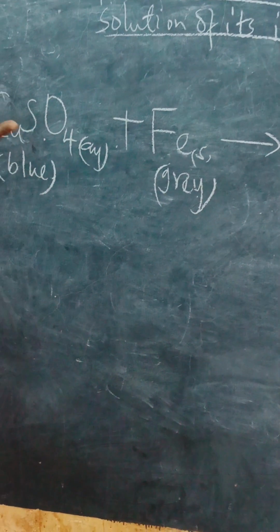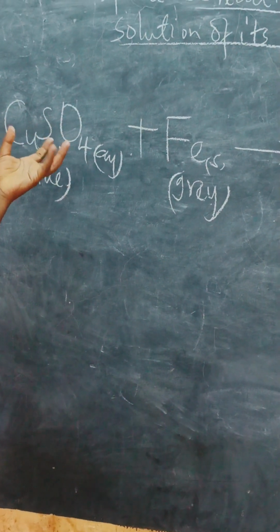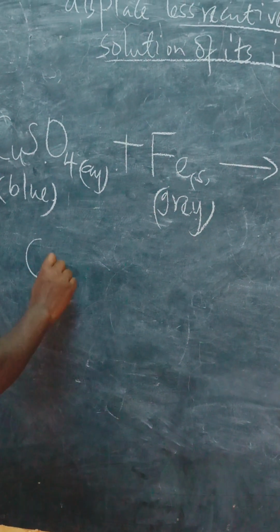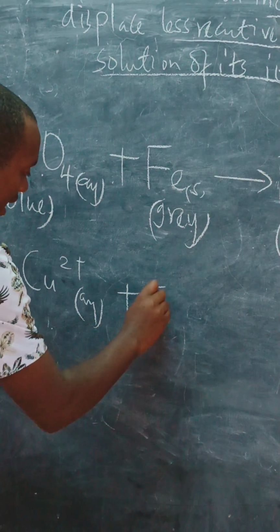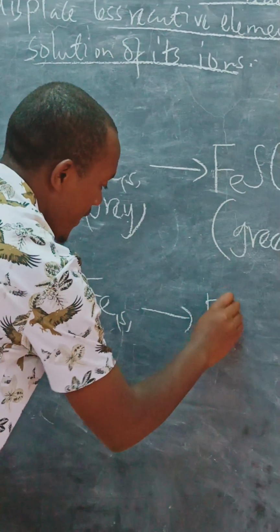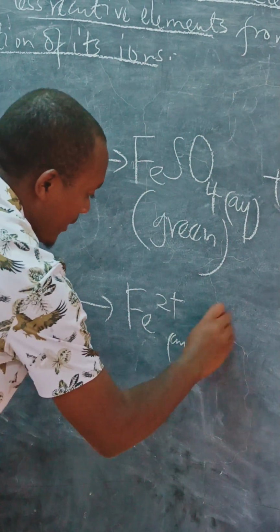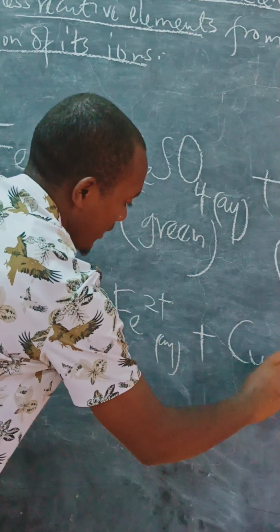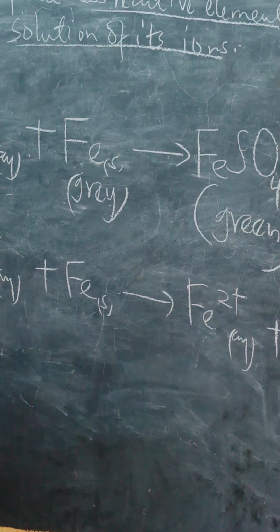Therefore, it displaces copper from its solution. The ionic equation here is copper ions, aqueous, plus iron, solid, gives us iron 2 ions, aqueous, plus copper metal. So that is a displacement reaction.